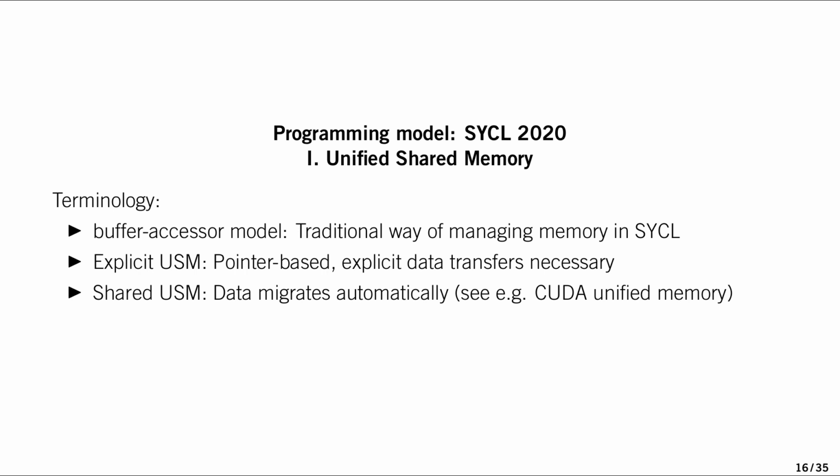So you need to invoke some memcpy function. In shared USM, however, this data migrates automatically, so you can dereference a shared USM pointer both on host and device, and it will just automatically migrate data as needed. This is similar, for example, to CUDA's unified memory.